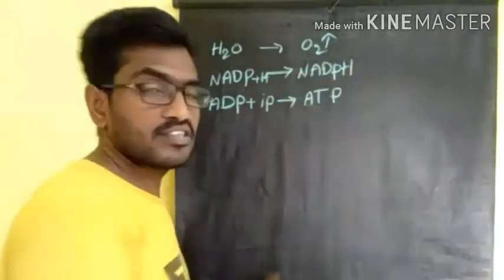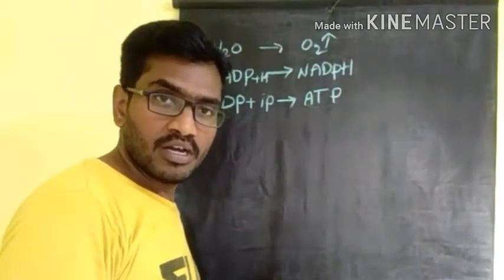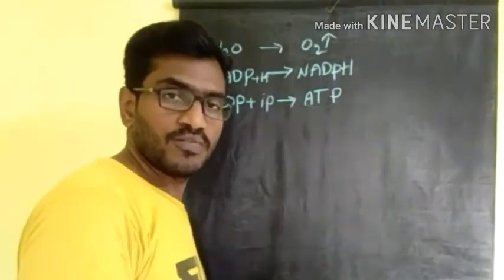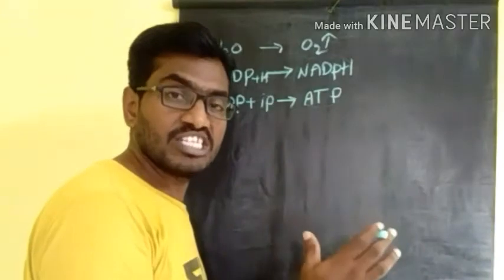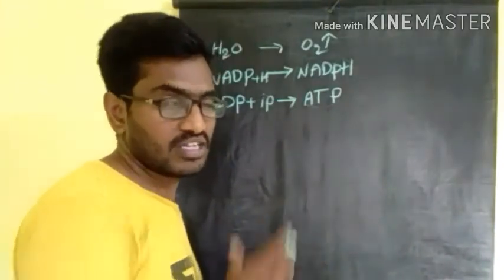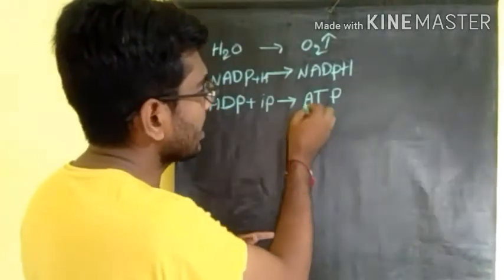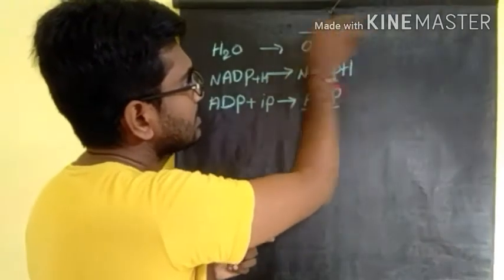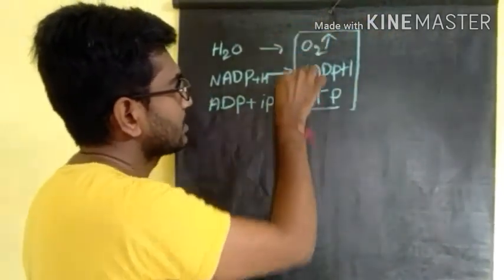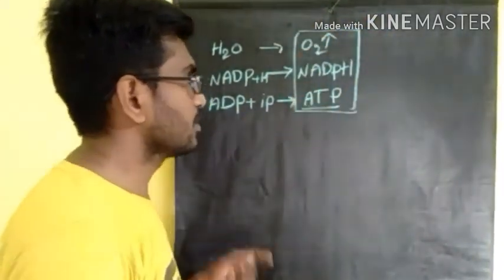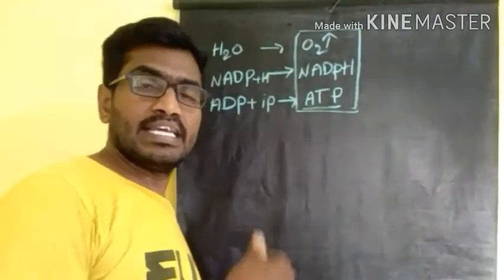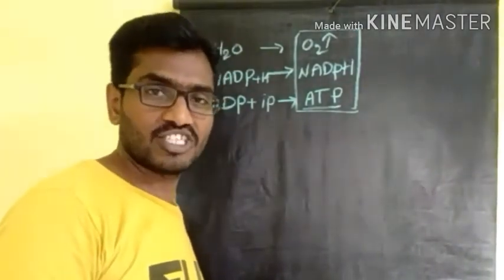These two we consider as assimilatory power, which is useful for the fixation of carbon in the dark reactions. These are the end products of the light dependent reactions.